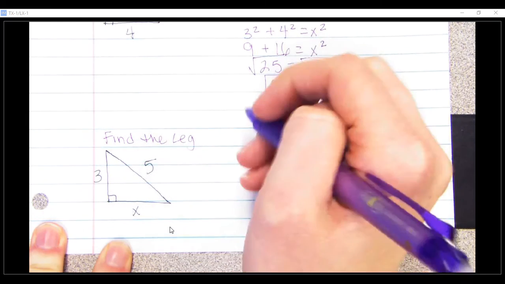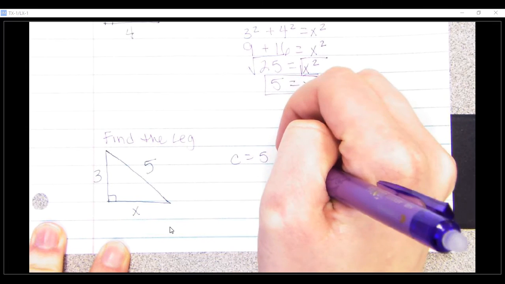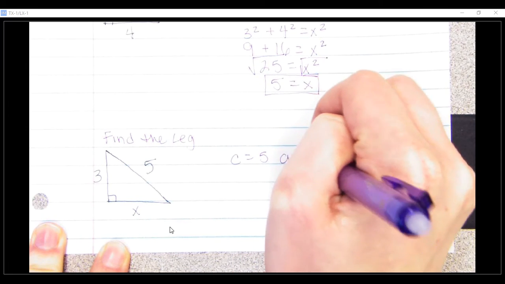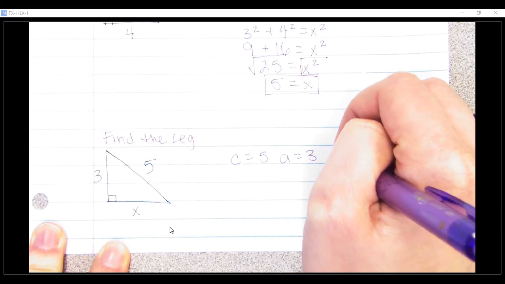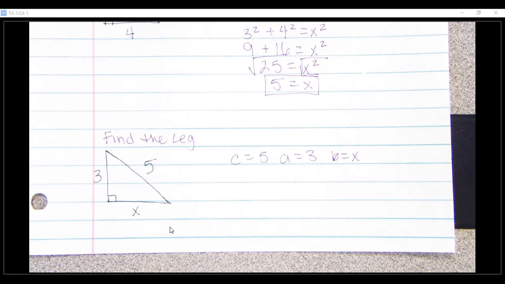The 5 is our hypotenuse, which is c. Then we have our a value, which is 3. And we don't know our b value, which is going to be x. Again, the 3 and the x can be switched because those are both legs, but the c has to be 5.